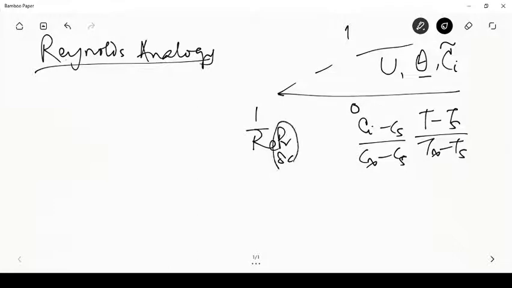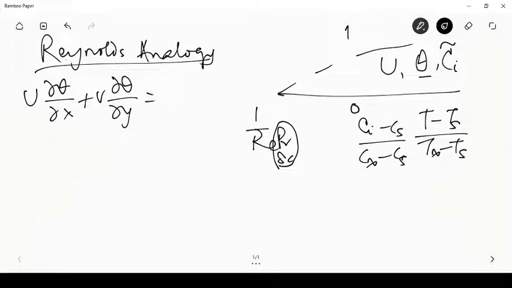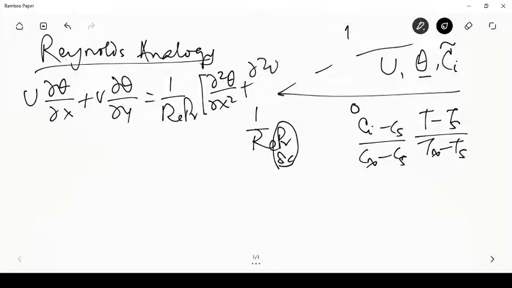When Pr or Sc or both are equal to 1, then the equation becomes exactly the same. So you have U del theta by del x plus V del theta by del Y is equal to 1 over Re Pr of del squared theta by del x squared plus del squared theta by del y squared.